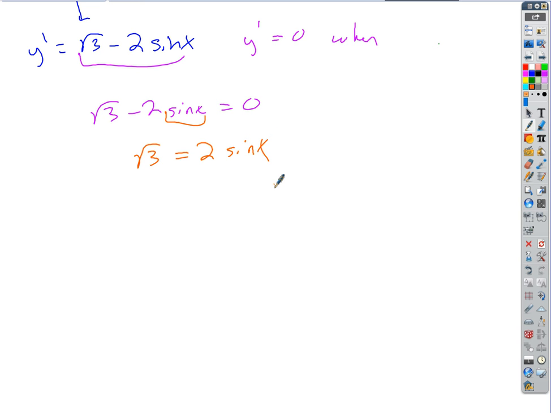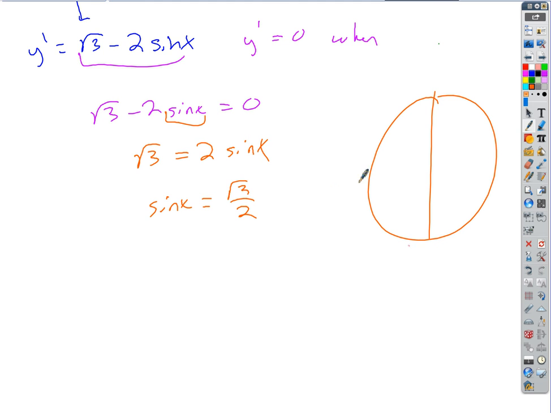So then sine x, if we just flip sides, equals square root of 3 over 2. Okay, and where is that true? Well, that's a unit circle question, isn't it? Right? Now we say sine x equals square root of 3 over 2 when x equals what?